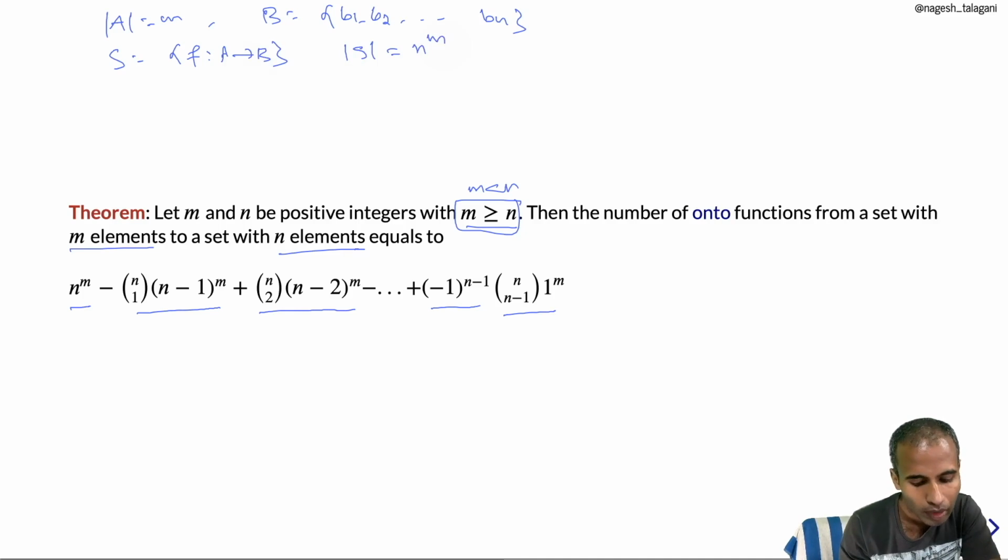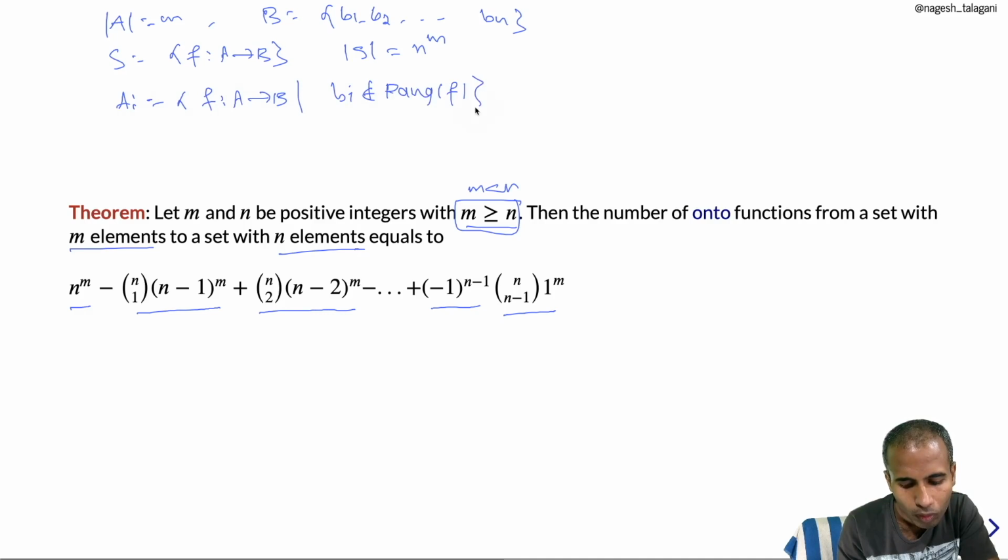Now let's take Ai equal to all functions from A to B such that Bi is missing from the range of f, for i equal to 1 to n.